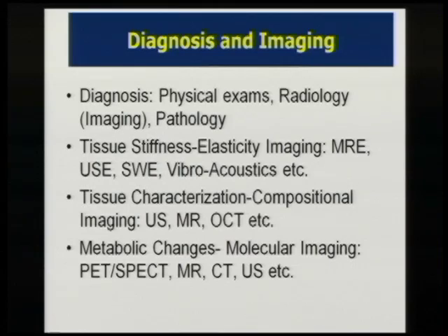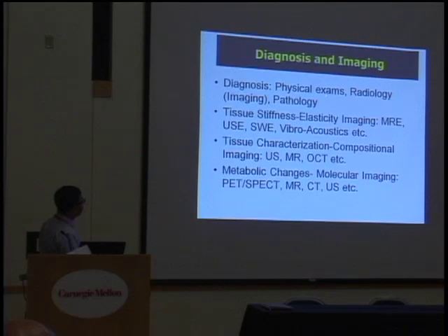Diagnosis in clinics is made through physical exam, radiology, imaging, and pathology tests. The motivation here is that advances in imaging technology may partly cover or complement some of these exams.